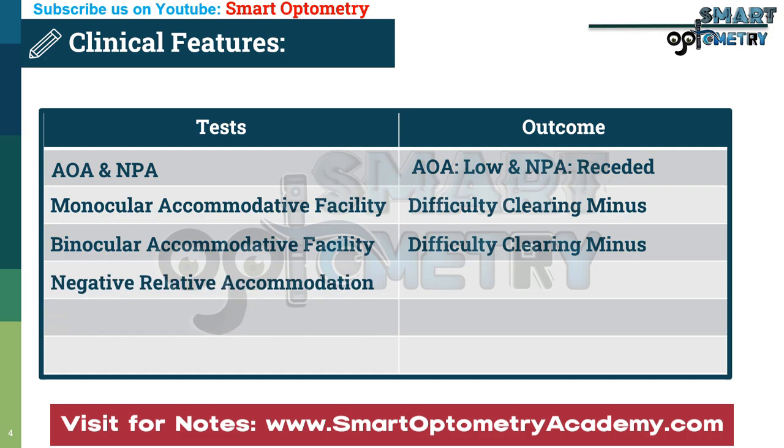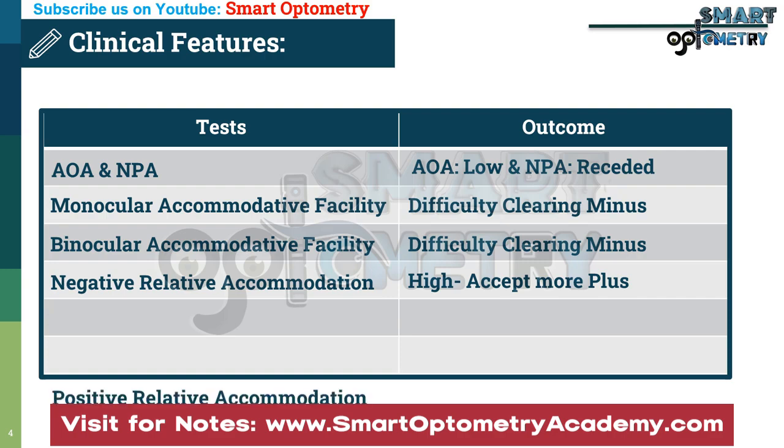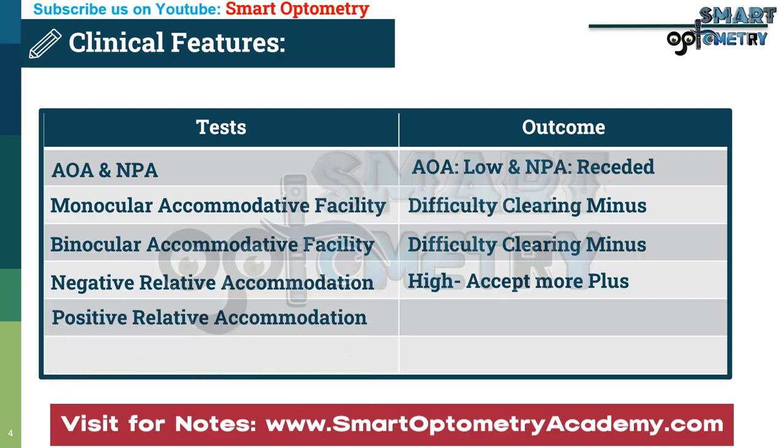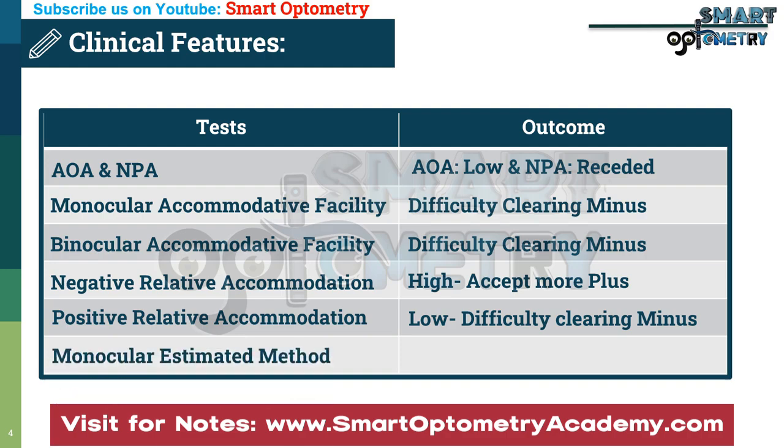4. Negative relative accommodation. In negative relative accommodation, patient will accept high plus, so negative relative accommodation will be high. 5. Positive relative accommodation. In positive relative accommodation, patients will have difficulty in clearing minus lens, so positive relative accommodation will be low. 6. Monocular estimated method.